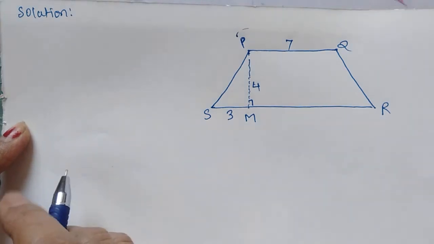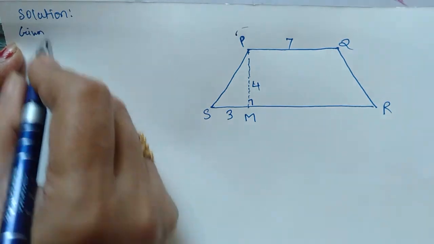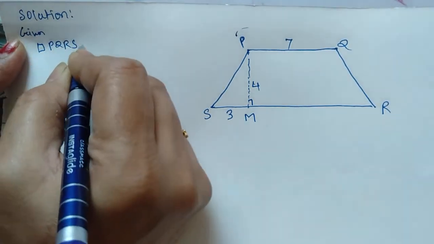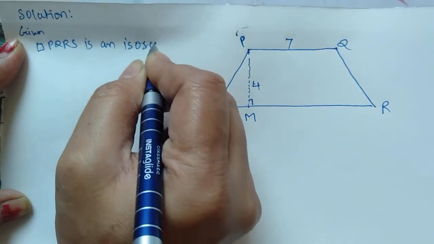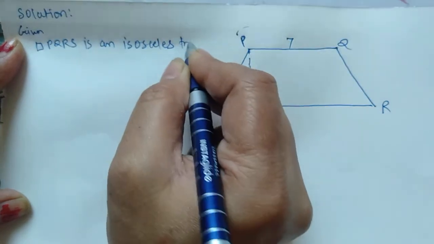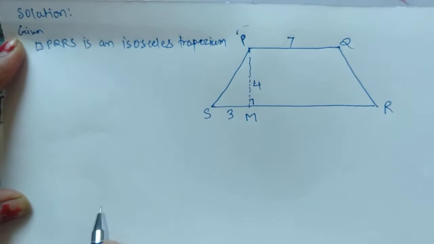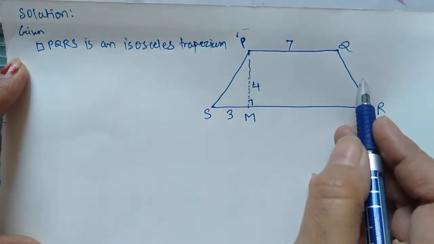See the solution. So firstly write down given. The quadrilateral PQRS is an isosceles trapezium. Isosceles trapezium means the length of non-parallel sides is congruent.